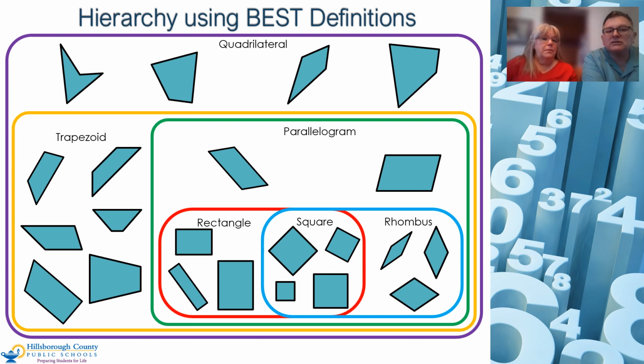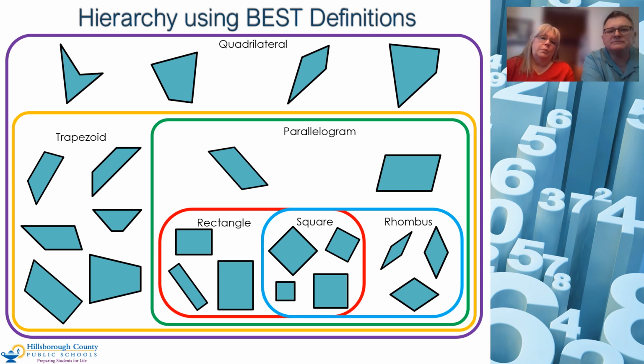In the past, you probably only thought of those six shapes on the left being trapezoids because they had exactly one pair of parallel sides. But now all of those within that green parallelogram loop also fit into trapezoid because they have at least one pair. So within the yellow loop, they're all trapezoids because they all have at least one pair of parallel sides. Correct. That's a big shift.